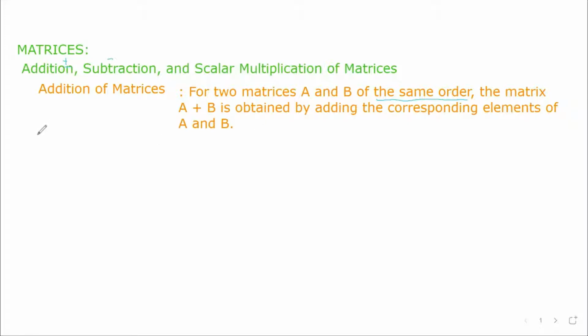For example, matrix A equals to like this. It can be any number, right? A, B, C, D. Inside here we call elements or entries. So this matrix A equals A, B, C, D. So the order is what? 2 rows, right? When we read from this side it is a row.